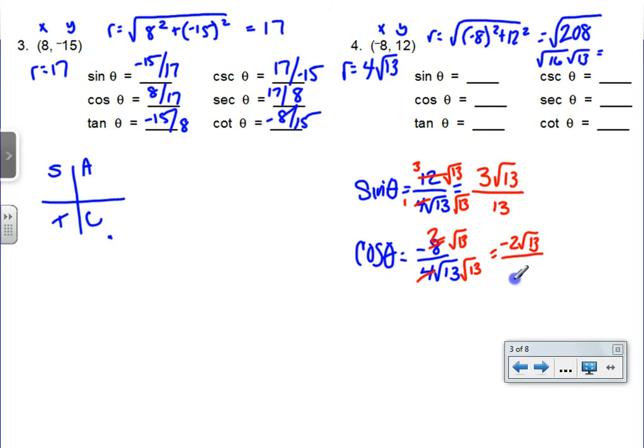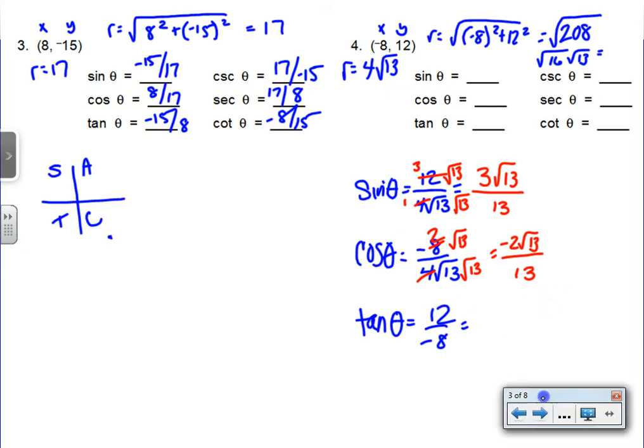What do you have on the bottom? 13. Good. Hard part's almost done. All right, tangent of theta is, oh, that won't be bad. Y over x, 12 over negative 8. But I'd never leave you this answer like that. Why not? You can reduce that. So if you don't want to think, just hit math enter on your calculator. Otherwise, I think we have a negative 3 halves.